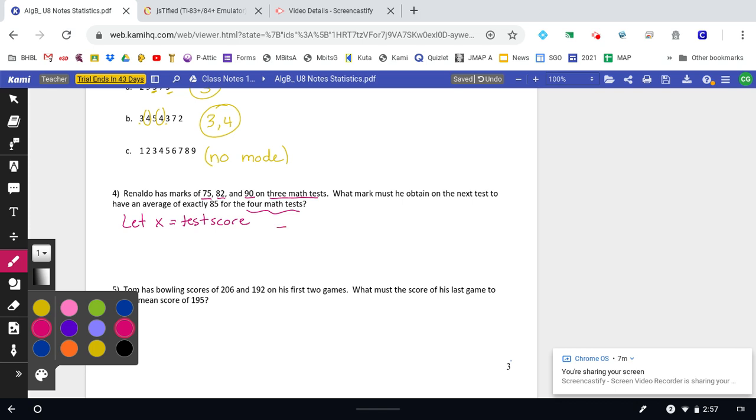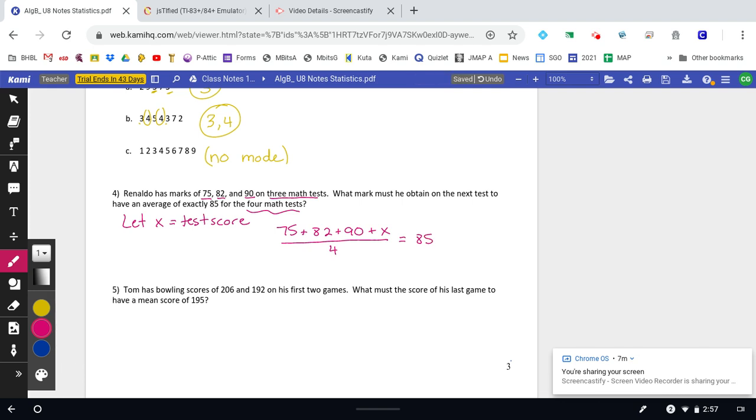All right, so we have 75, we have 82, we have 90. We don't know this last one, but we do know we want 4 altogether, and we want an average of 85. So let's cross multiply here. 85 times 4 is 340.